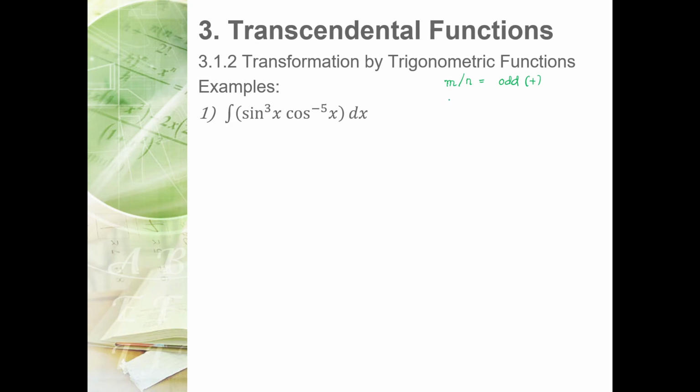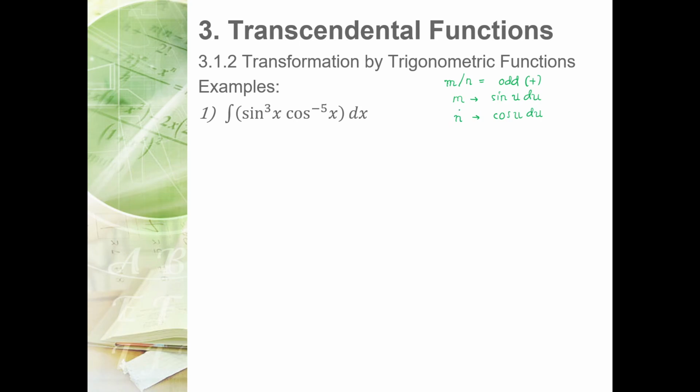If m is odd, we need to factor out sine u du. If n is odd, we need to factor out cosine u du.